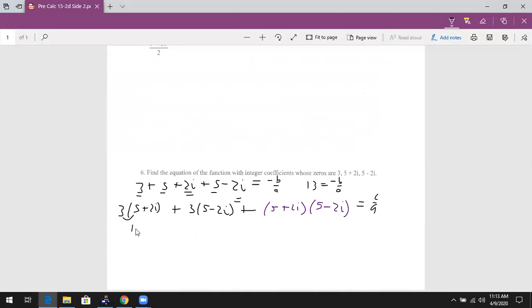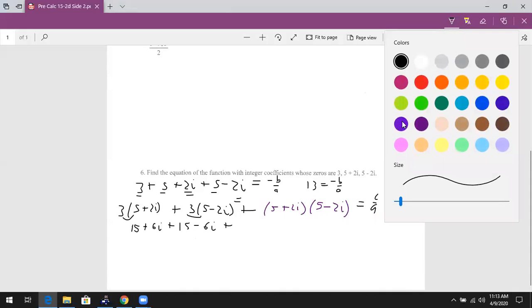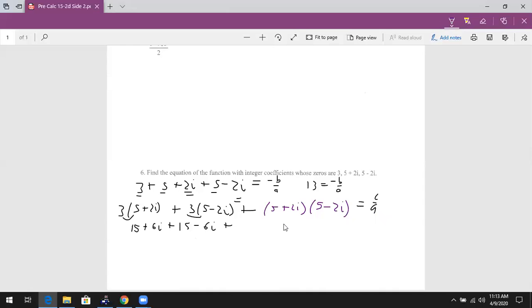So distributing, I get 15 plus 6i plus 15 minus 6i plus, and then these two are conjugates. 5 times 5 is 25. Being conjugates, the O term and I term drop. So it's just last times last, which is 2i times a negative 2i, or negative 4 i squared.